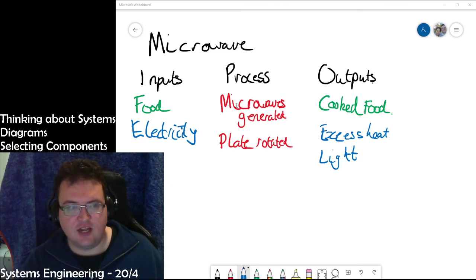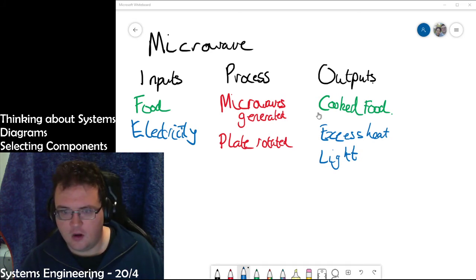Now there's an extra level that goes above these things. There's an extra level that goes above the I, the P, and the O, and that has to do with how we control this. So it's especially important when you think about it in terms of things that are automatic.